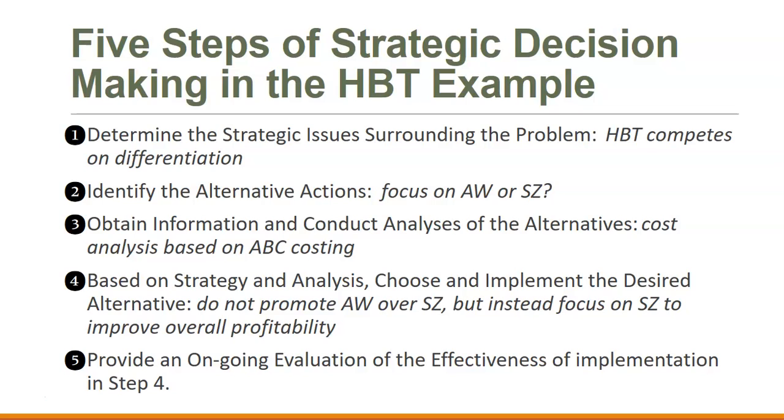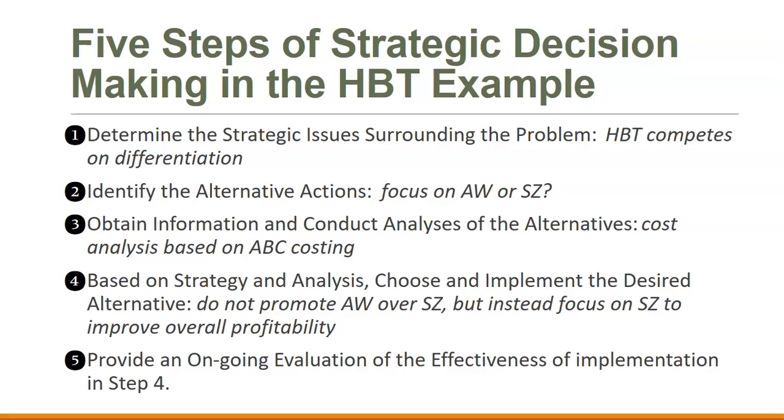So we go back to those 5 steps of decision making from previous chapters, and we look at it just in relation to this HBT example. So step 1 is the strategic issues surrounding the problem. This company competes on differentiation. 2, we're going to identify the alternative actions.